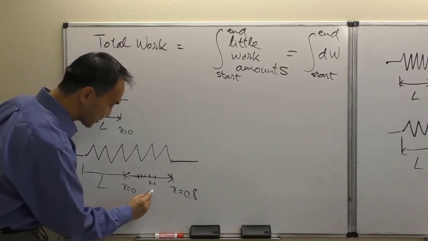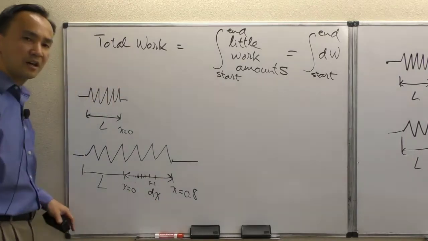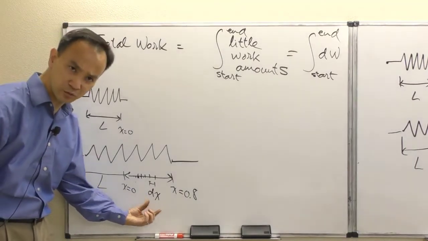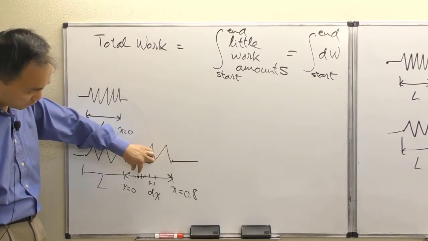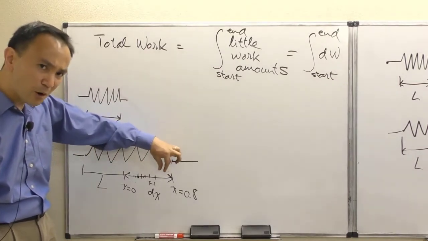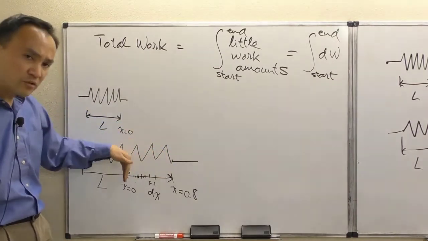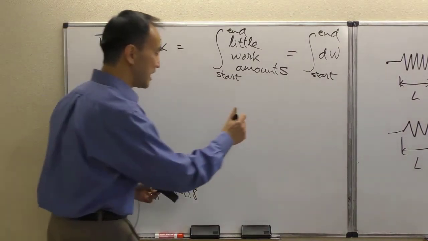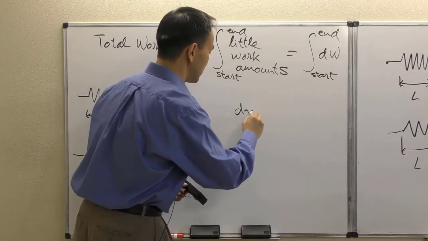Each of these is a little change in length beyond natural state, so I call it a dx expression. We get a whole bunch of little distances, and on each of those little subsections there is a dx.